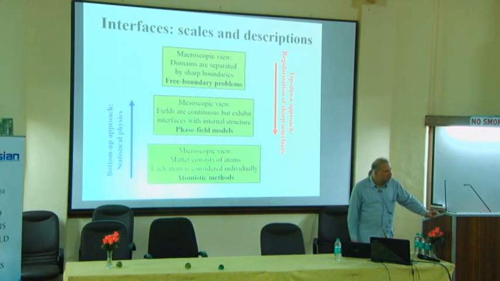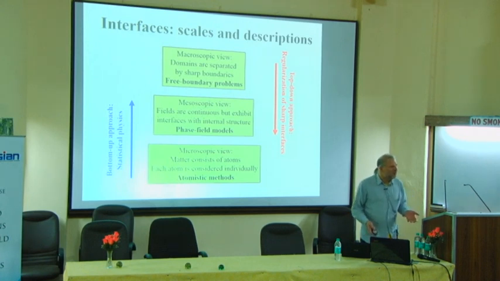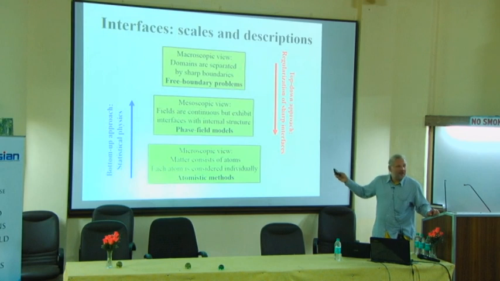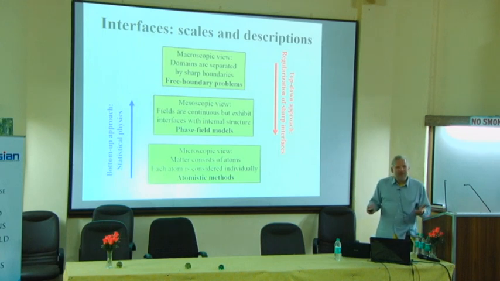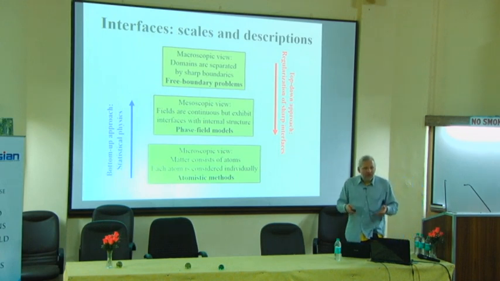Because if you want to do modeling of structures, what you want to have is efficient models. Okay? So I've mentioned it's easy to write down free boundary problems. It's hard to solve them. So you can see phase field methods as a numerical tool for solving free boundary problems.